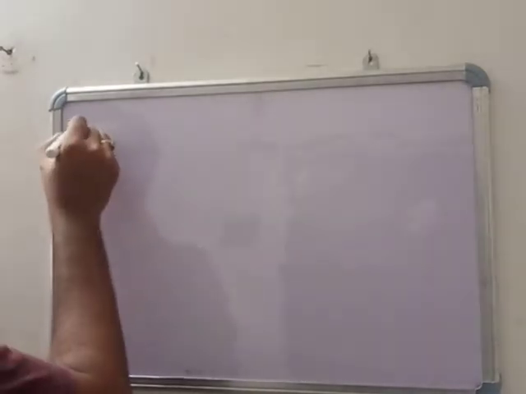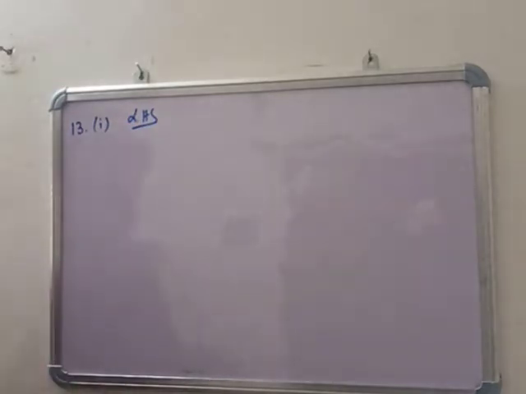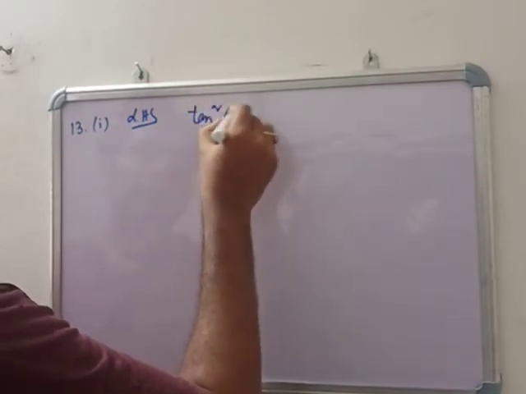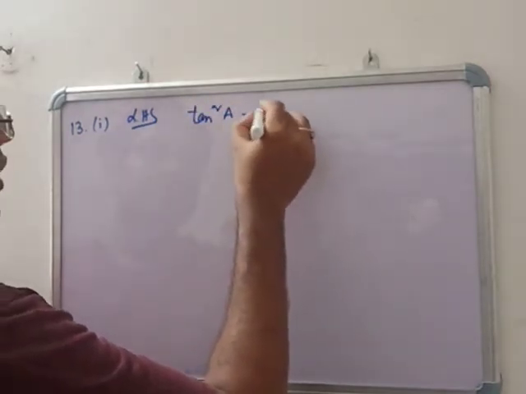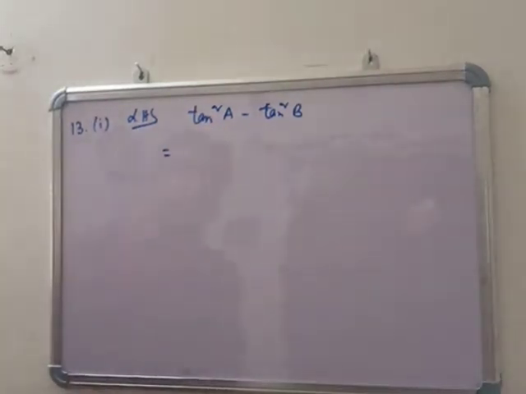Now in 13.1, see that in LHS is given tan square A minus tan square B. So tan means we know sine by cos.